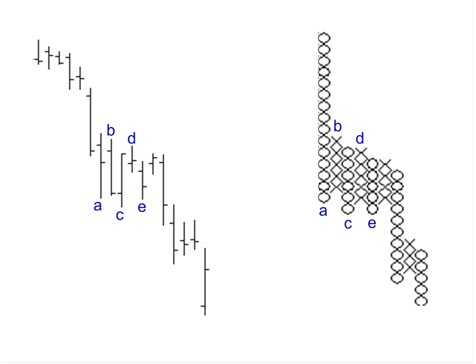E is above C, but when you look at the point and figure chart, because we're rounding and going to the next box if it hits it, we're actually drawing in that latest item of E in the O's there, and it matches up with C. And that's the one thing that really is nice about point and figure: we're rounding and making some distinct patterns and removing some of the noise that you can see here.